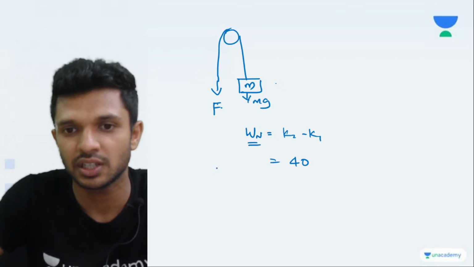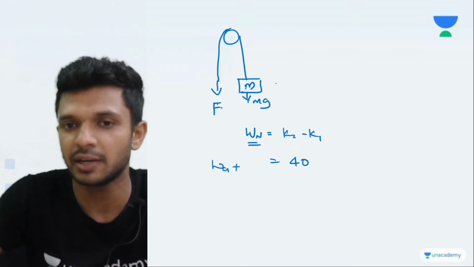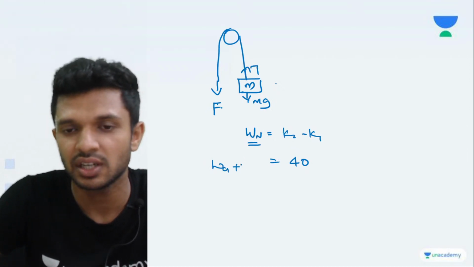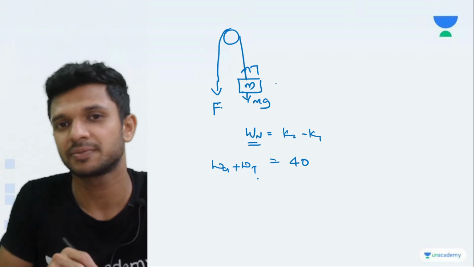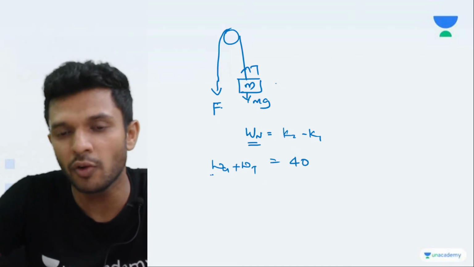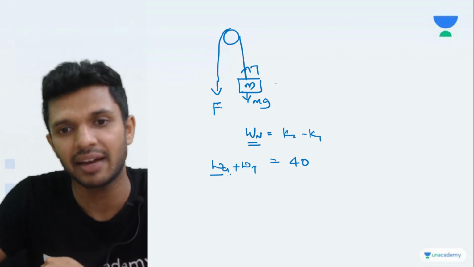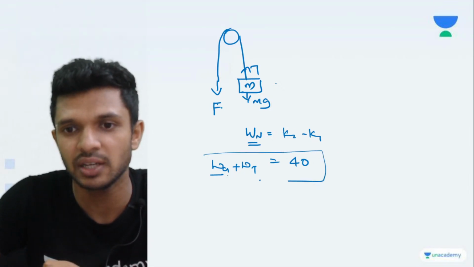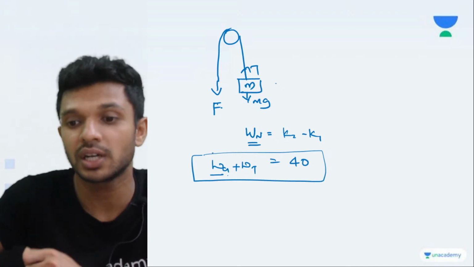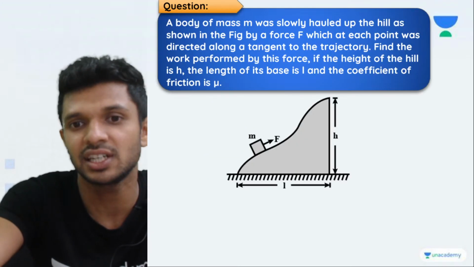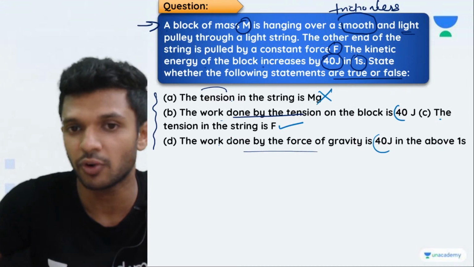One is mg, so work done by gravity will be there. The other is tension. Work done by tension is also there. So the sum of work done by gravity and the tension is actually 40.